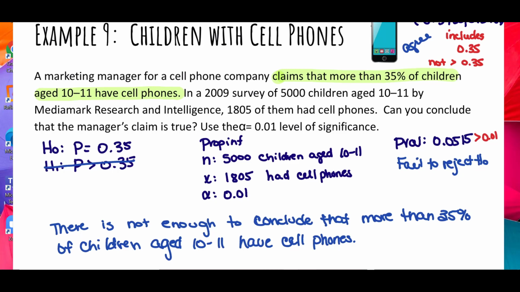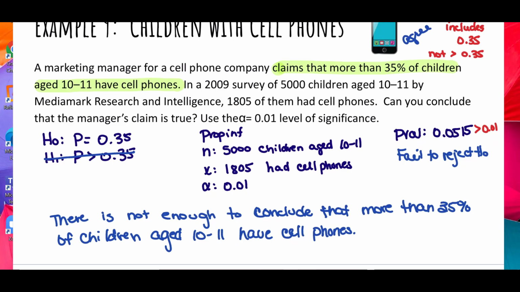So because 35 is included, 0.35, you can't say that it's greater than 35. The whole thing would have to be greater than 35% to agree with the H1, and it's not. So this does agree with our conclusion that we don't have enough evidence to conclude that it's more than 35%. So they both show the same thing.